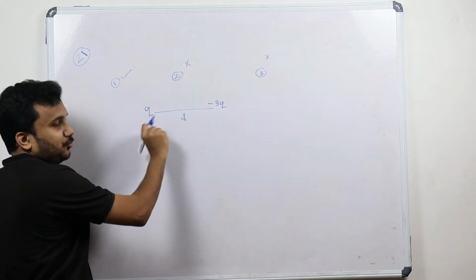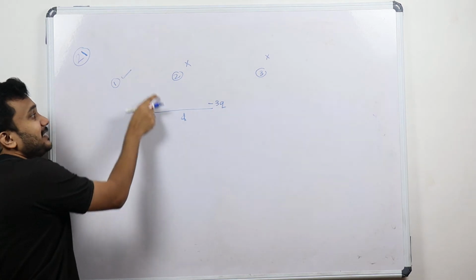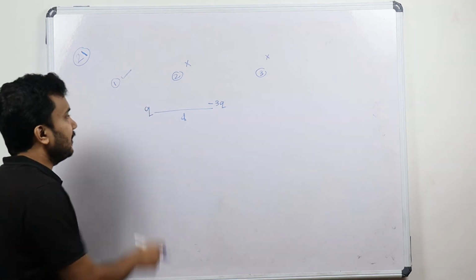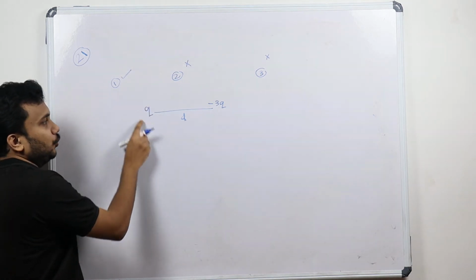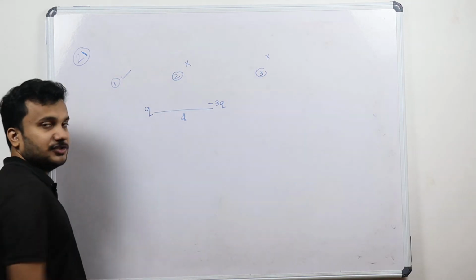If it is opposite charges, then the small charge has to be placed left of the less magnitude charge. So this is the less magnitude charge, Q compared to 3Q. Magnitude wise this is 3Q, then this is Q.